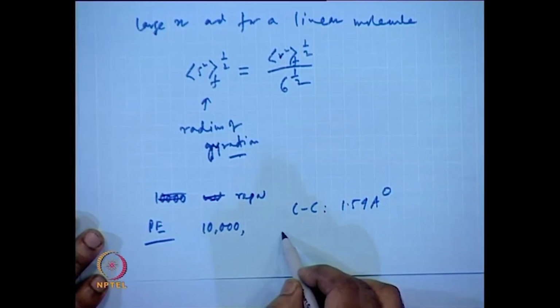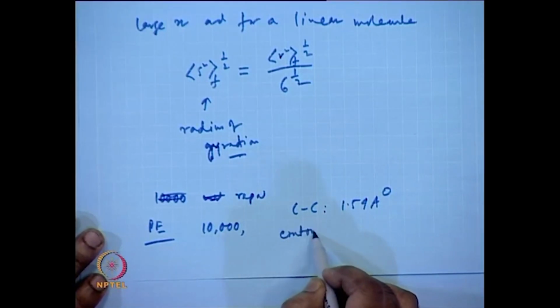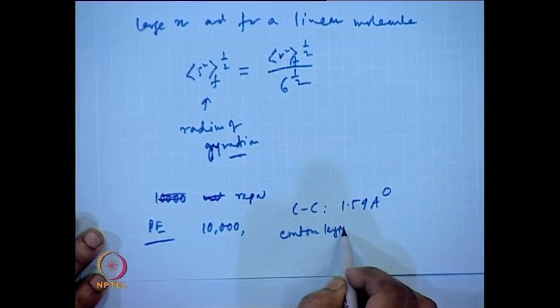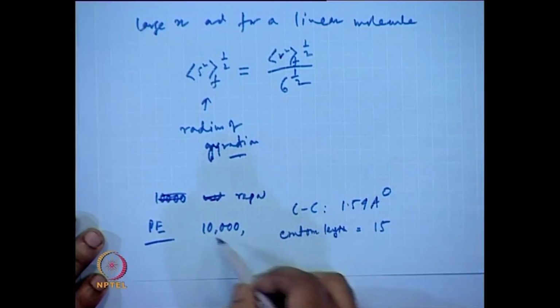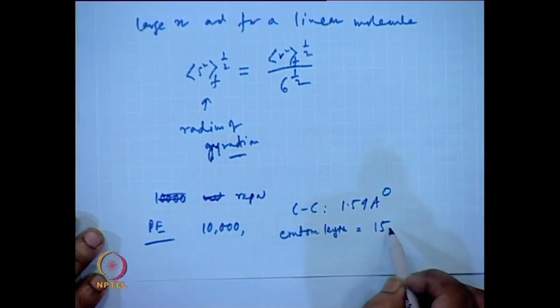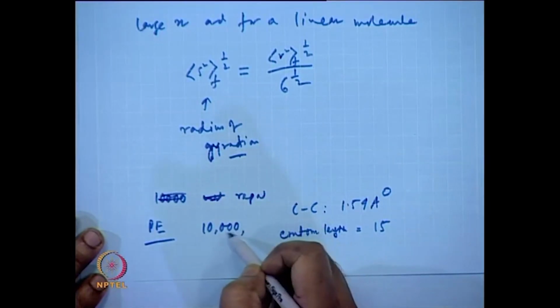So, the contour length would be this multiplied by the number of bonds. It will be less than 1 in true sense, but we are ignoring that.